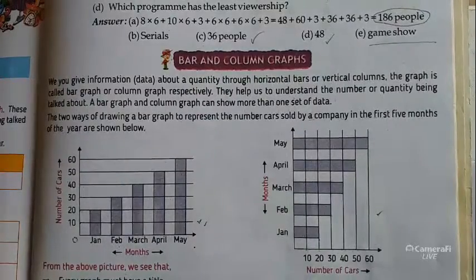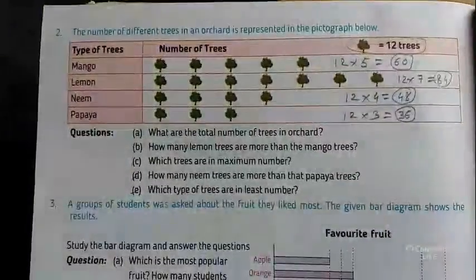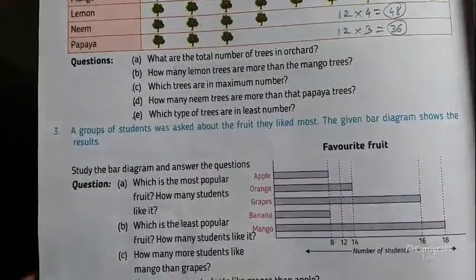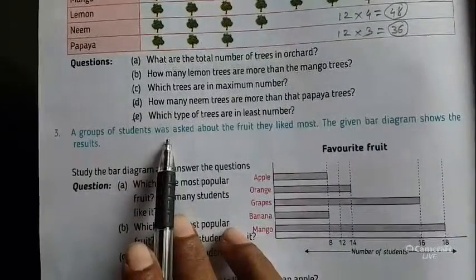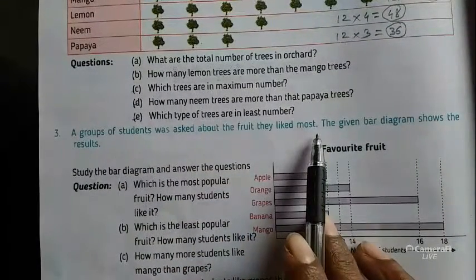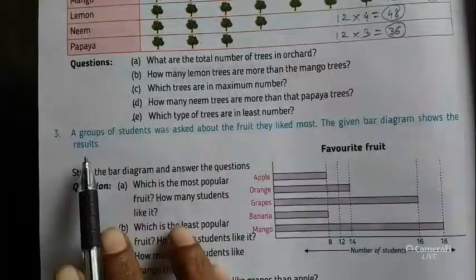Okay. Now coming to your exercise from your book, exercise 16. This question number 3. A group of students was asked about the fruit they liked most. The given bar diagram shows the result.